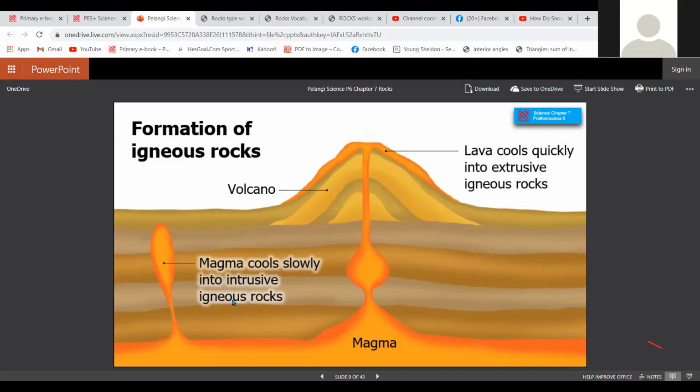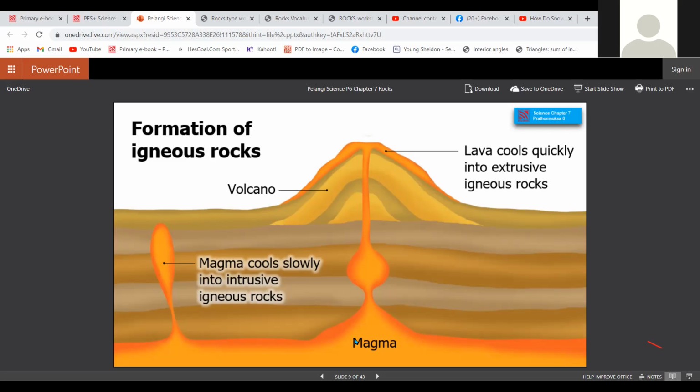Extrusive igneous rock is when magma, what happens to the magma? When the magma goes up and gets to the surface, it will be lava, or liquid, and it will be solid. Okay, so this is how you say it, Bonus, Focus.